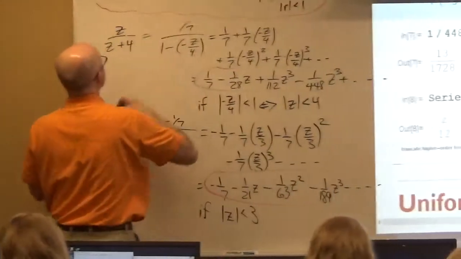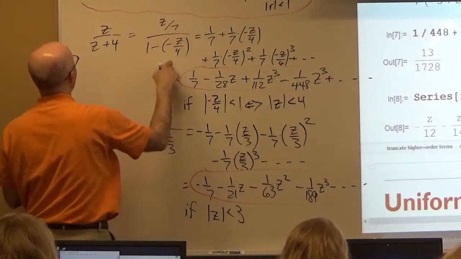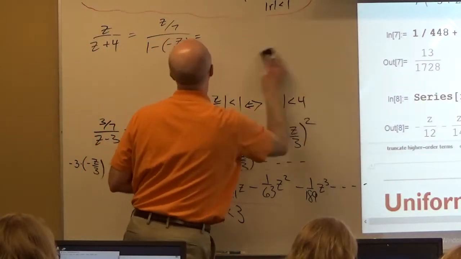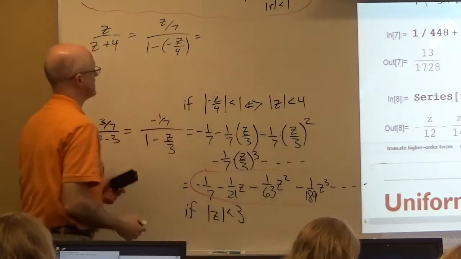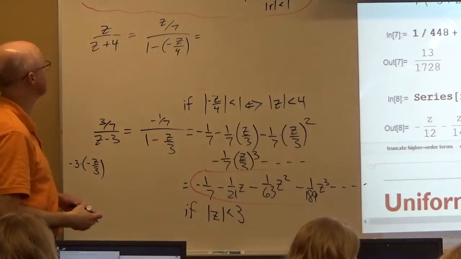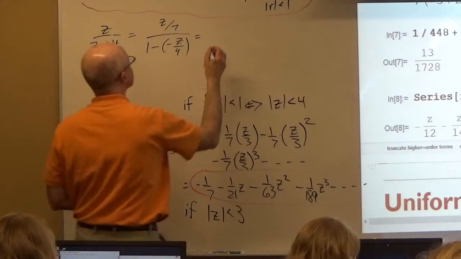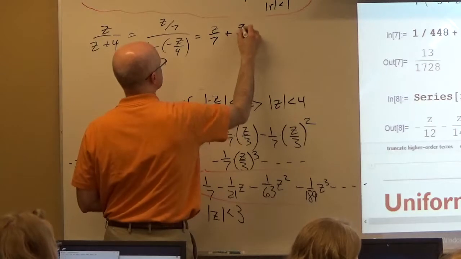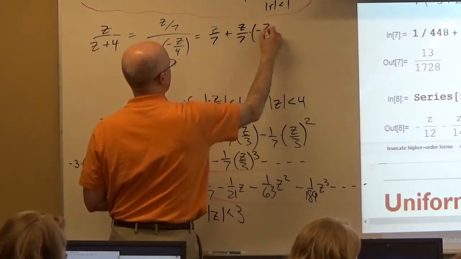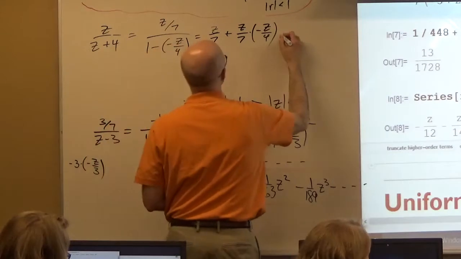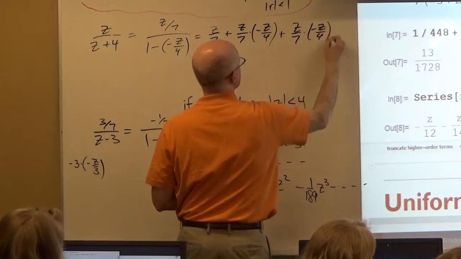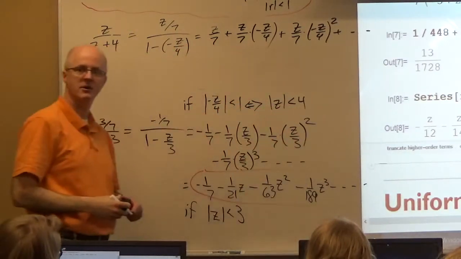Z over z plus 4, that's going to make it z over 7 divided by that. A is z over 7, R is negative z over 4. We get z over 7 plus z over 7 times negative z over 4 plus z over 7 times negative z over 4 squared, etc. I'll just do up to the squared terms this time.